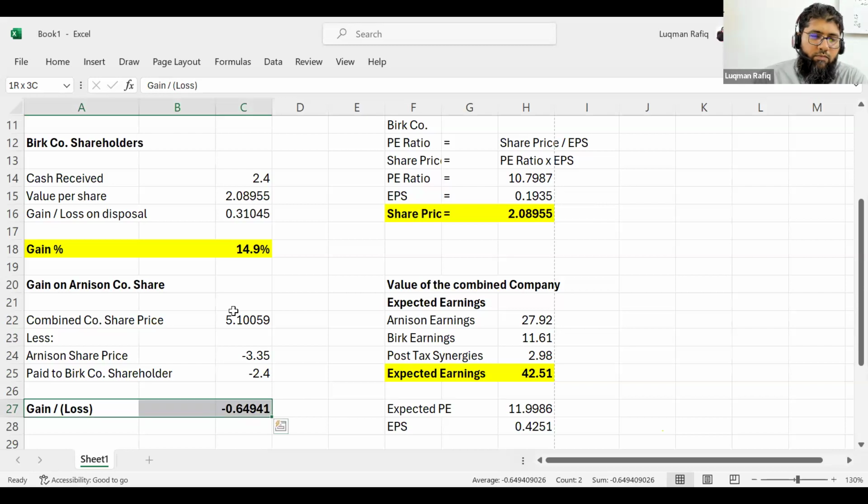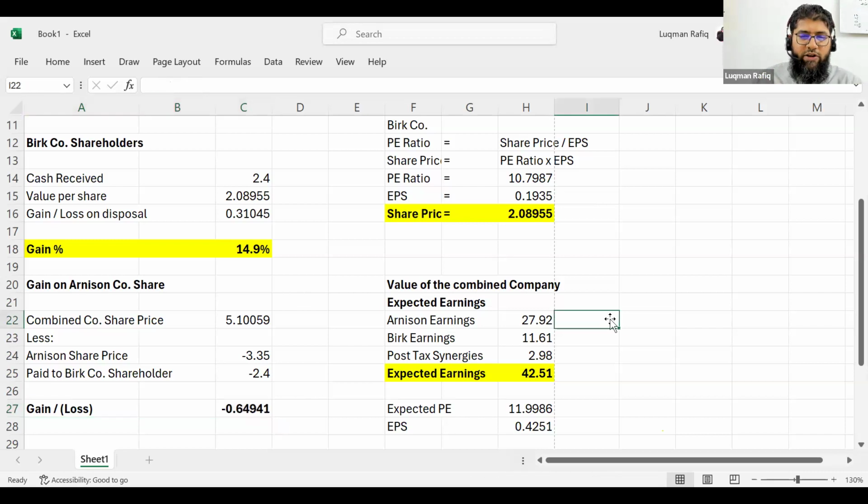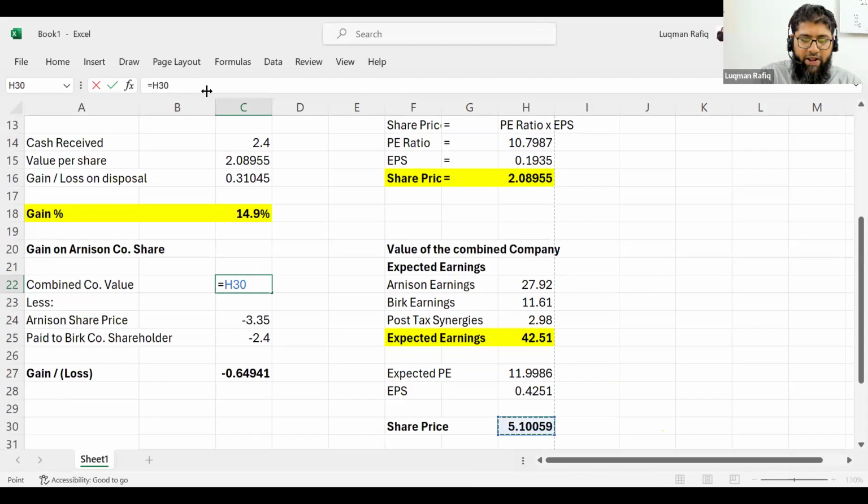But you know what? There is going to be an issue if we calculate it like this. Why? Because ultimately we need to establish the value of individual companies. So now let's see what happens. I would go for combined company value because there is a problem with how it is going to be like this. 0.42 share price multiplied by 100 million shares, less Arnison value.